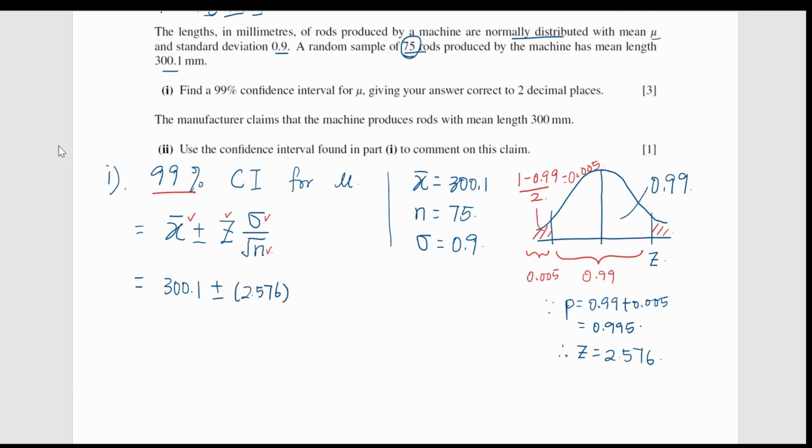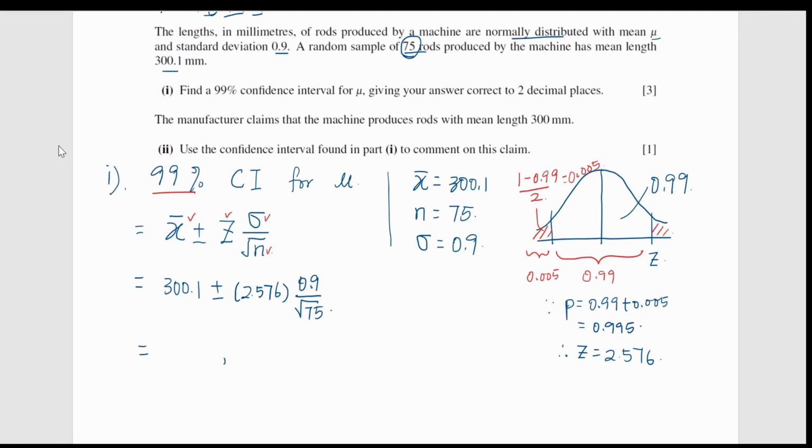Sigma is 0.9 divided by square root 75. All right, so calculate. One value is going to be 300.3677.